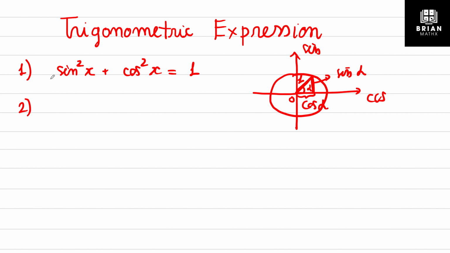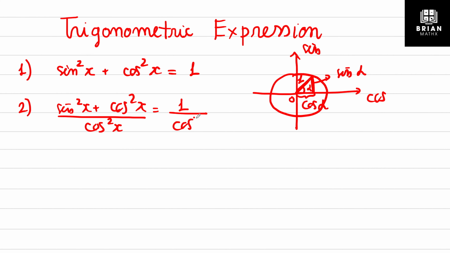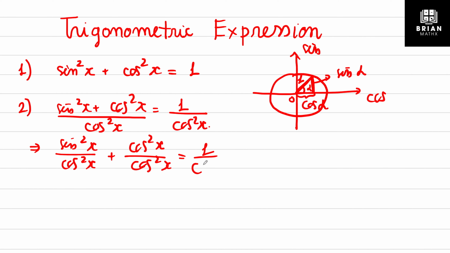And the second one: when I divide both sides of the first expression by cos square x, what will happen? You get cos square x over cos square x becomes 1 here. I separate this into sine square x divided by cos square x plus cos square x divided by cos square x equal to 1 over cos square x.